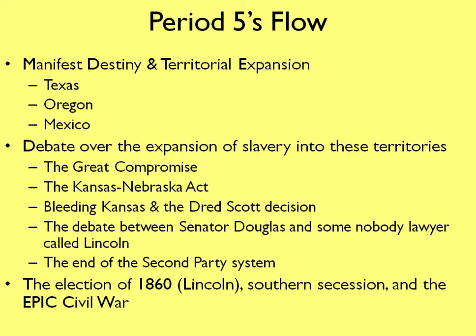And it's going to lead to the election of Abraham Lincoln, who was resolute that slavery cannot expand into these new territories, after which the South secedes state by state, and we've got the Civil War, which was epic in its scope.